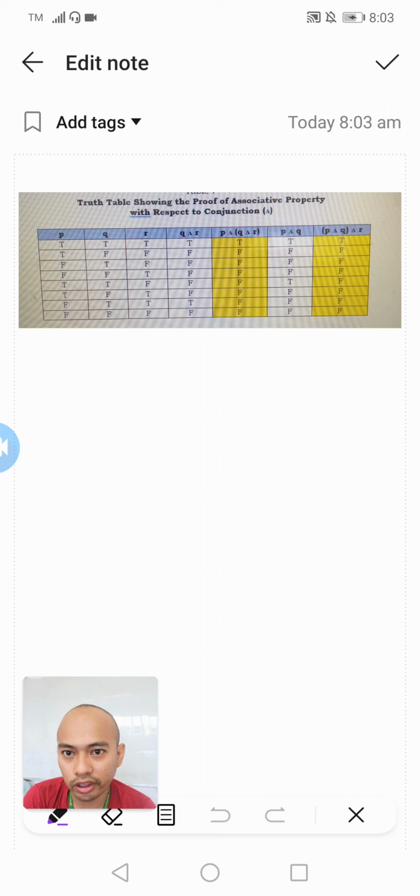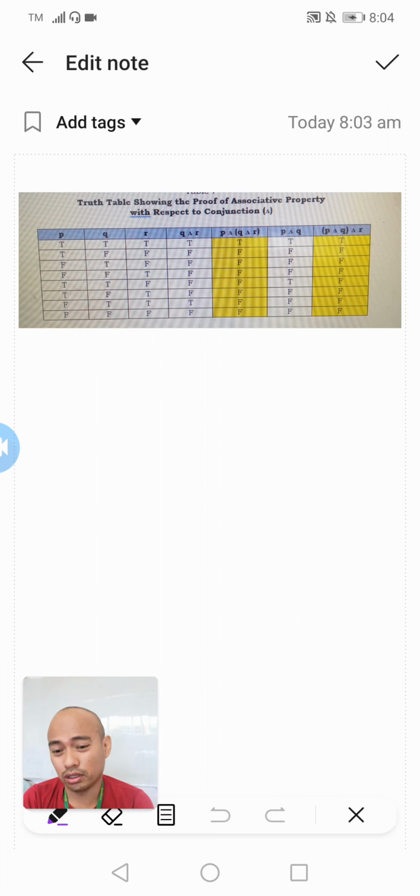So still we are given P, Q, R. Anyway, now if you prefer 16 rows, on that case, kasi there are 3 statements involved, pwede rin. Okay? Mas maganda kapag ilabas nyo lahat.